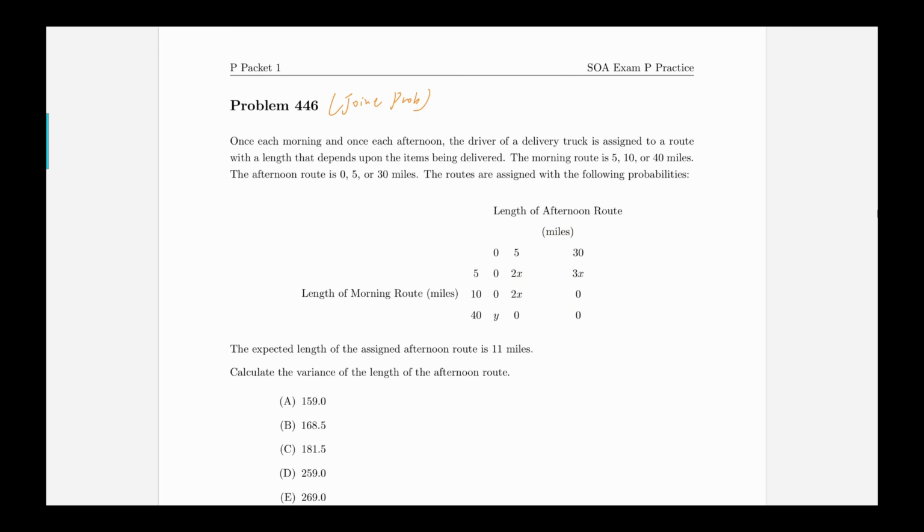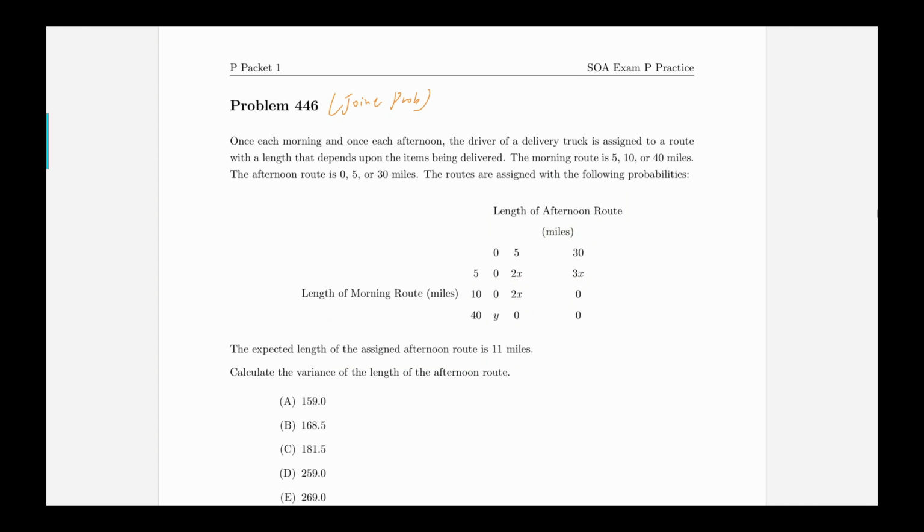So we know that the whole situation was separated into two categories. The first one is the morning. The second one is the afternoon. And the question told us the expected length of the assigned afternoon is 11 miles. So that's something we probably want to use to find x and y.